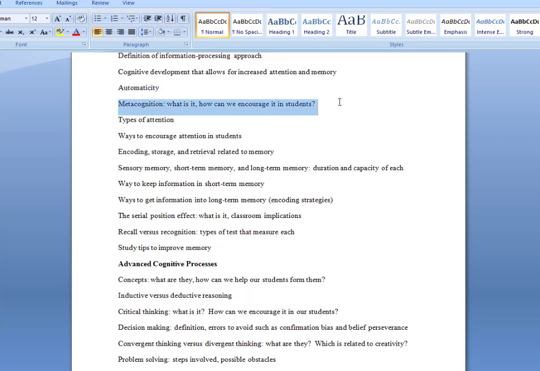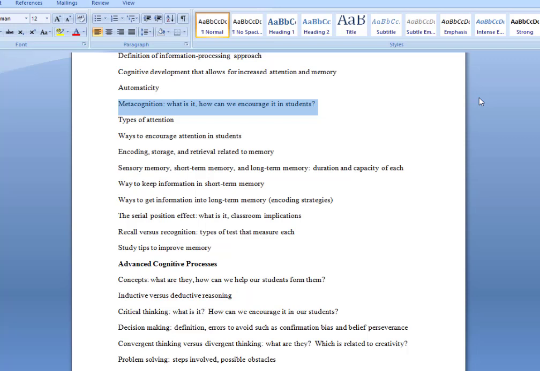All right, metacognition. When we're talking about metacognition, this is our thinking about our thought processes. We also talked about something like meta-memory, so it's what we think about our memory abilities. So when it comes to metacognition, basically what we're doing here is evaluating whether or not what we're doing is working, and then being willing to make adjustments.